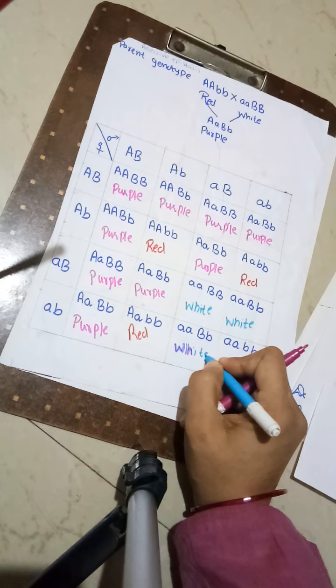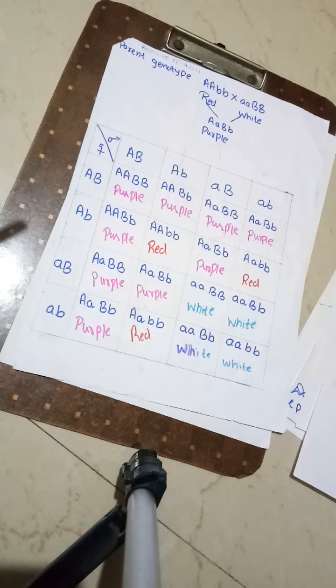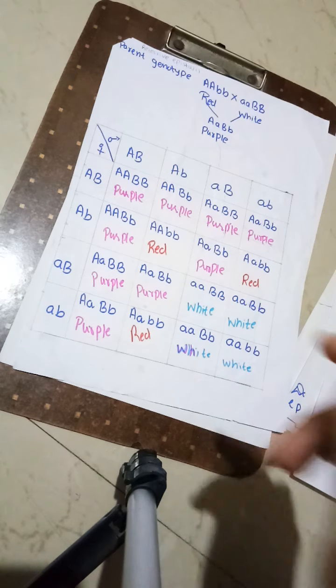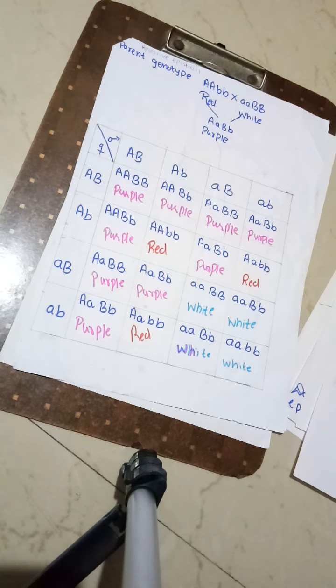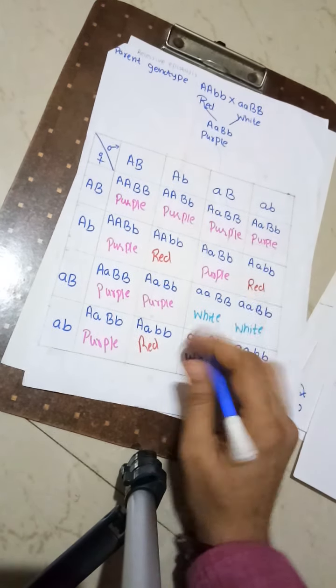This will also be the white one. So I can see 9 purple are there, right? Count fast. 9 purple, or you can say the dominant ones are 9.